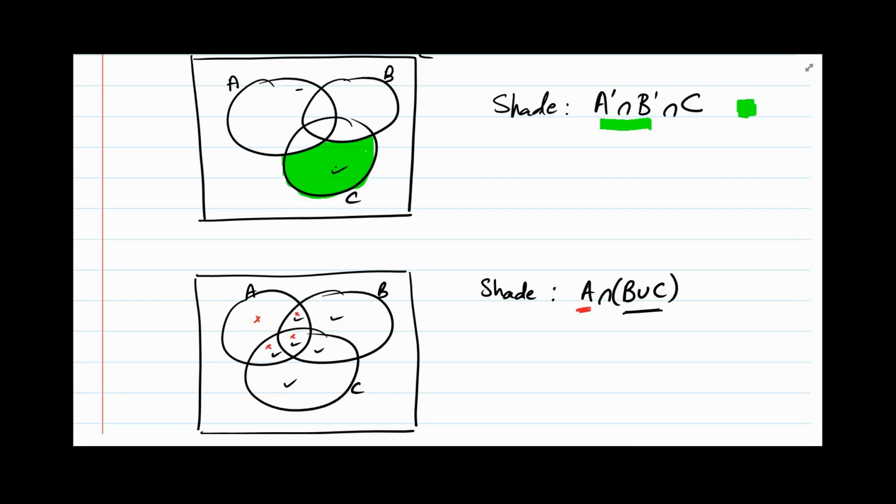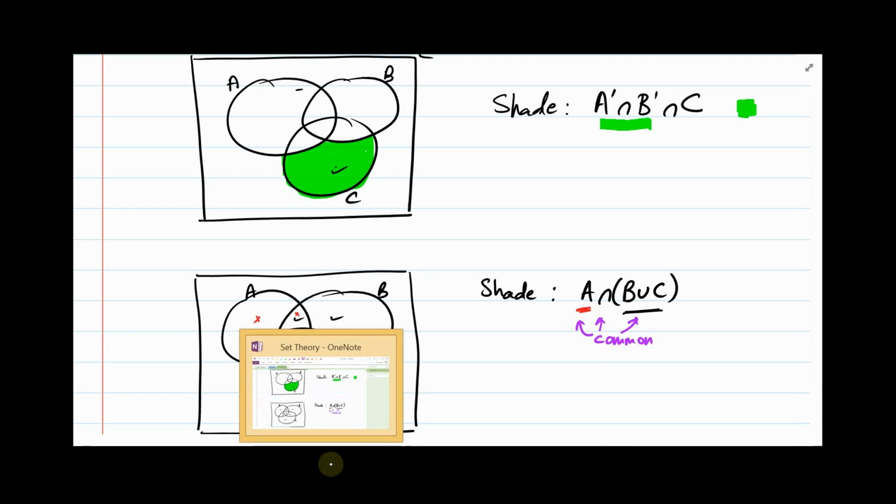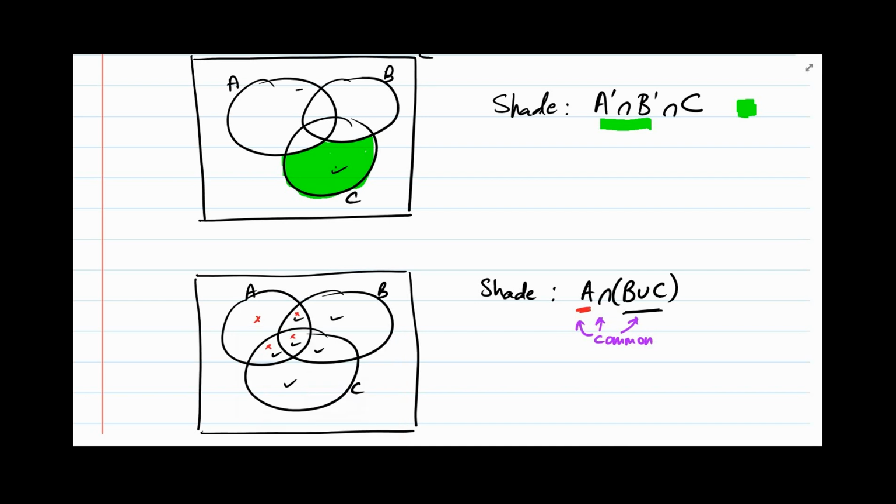And so now we have to decide, how am I going to put them together? Well, the symbol that we have here is an intersection. We are looking at what is common to both, right? So it has to be common to both of these sets. And the only region that is common to both are these three little regions here.